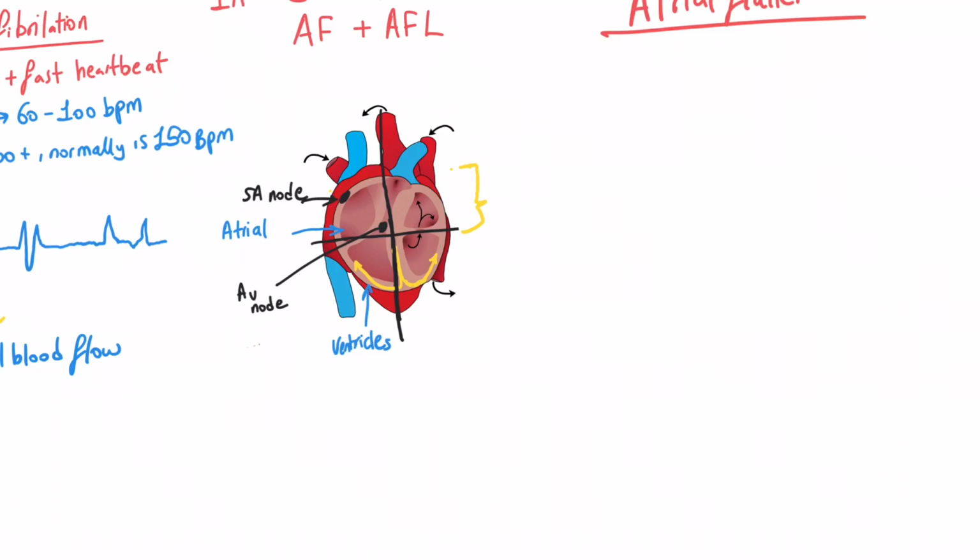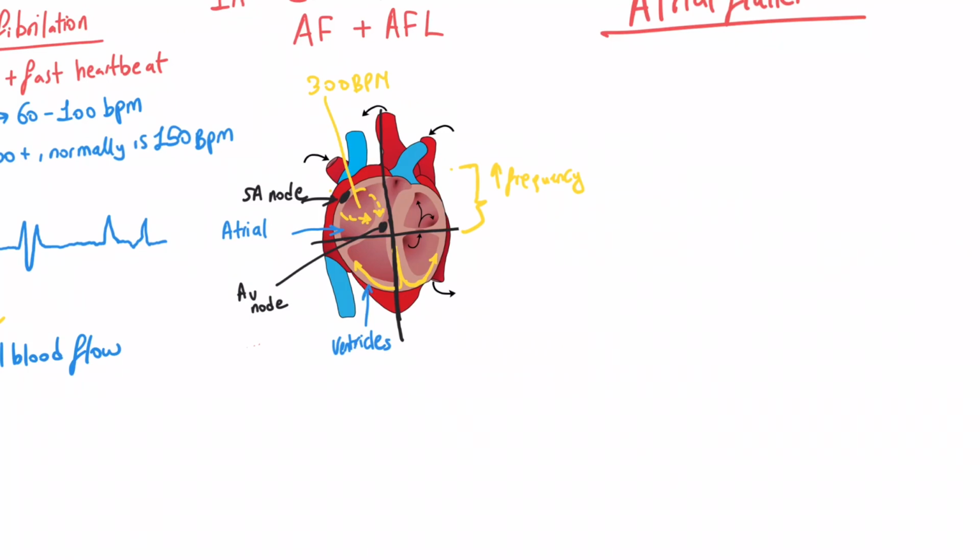So high signal, high frequency. The signal is passing through the atria much more quickly. Let's say in the upper chamber we have 300 beats per minute, which is quite high.